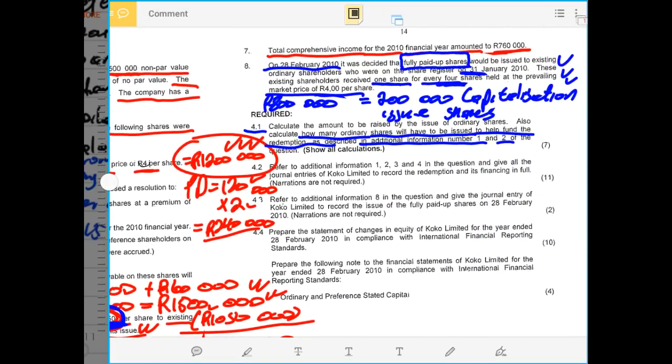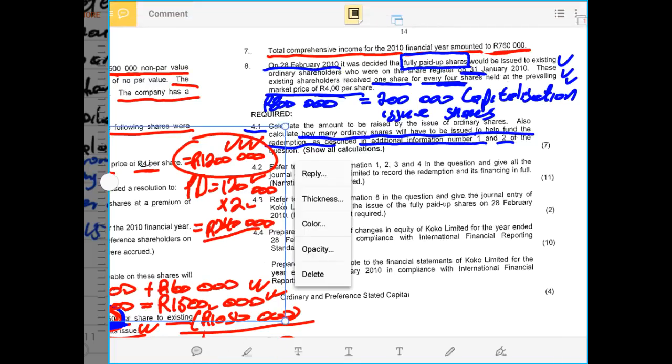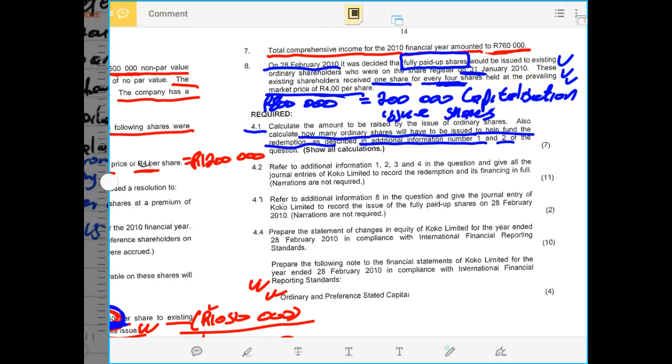Then we go to 4.2. In 4.2 we are required to refer, and our reference is on additional information number 2.